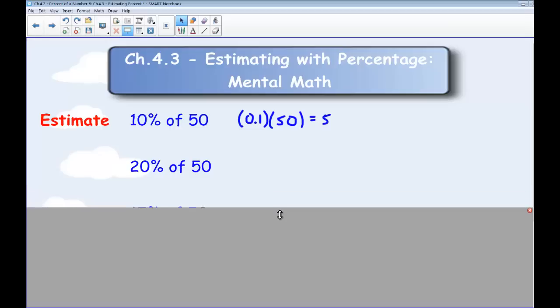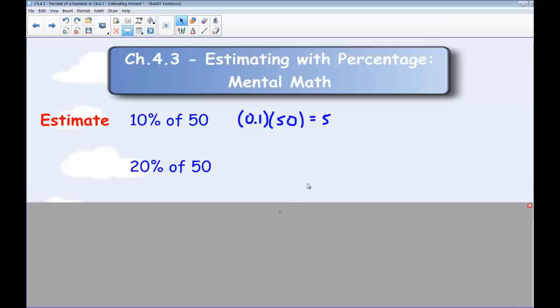So knowing that, then, how would we use that fact to help us figure out 20% of 50? Well, of course, if you've already gotten 10% of 50, then simply 20% would be double that amount. So, very simply then, 20% of 50 must be double the 5, which is 10.